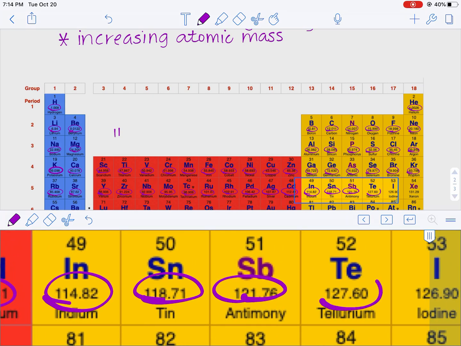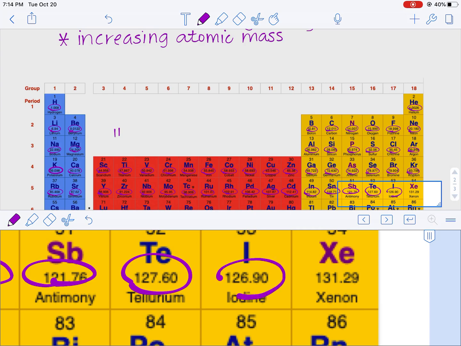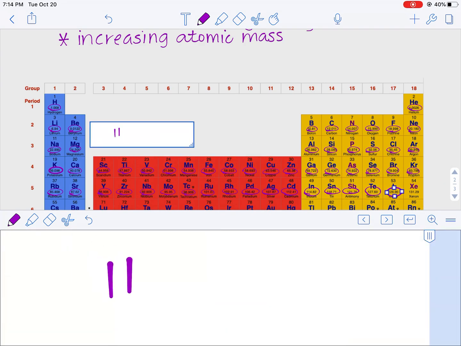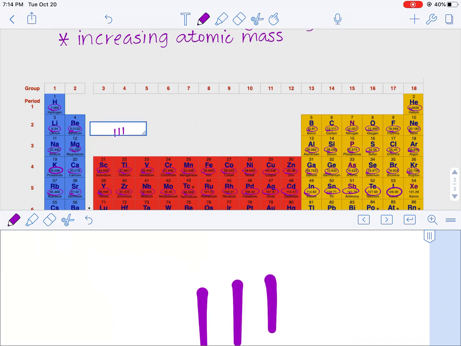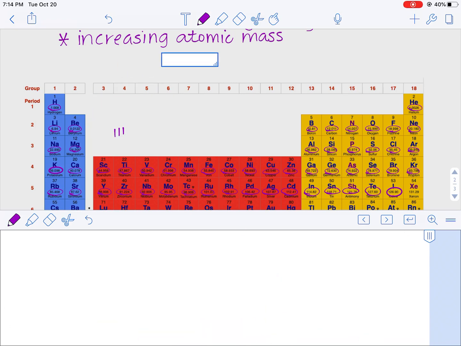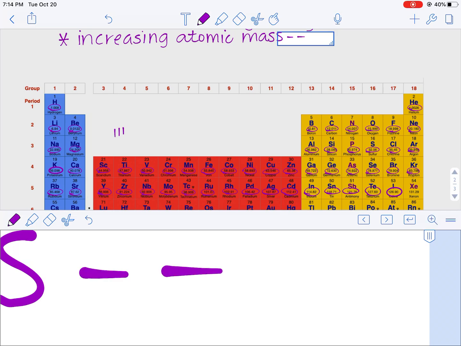The numbers are getting bigger. 127, what? Oh, all right, another area where the numbers aren't getting bigger. Ugh. As a scientist, that's really annoying. Dmitry Mendeleev, why are the elements being organized by this when increasing atomic mass has things that are not in increasing atomic mass order?